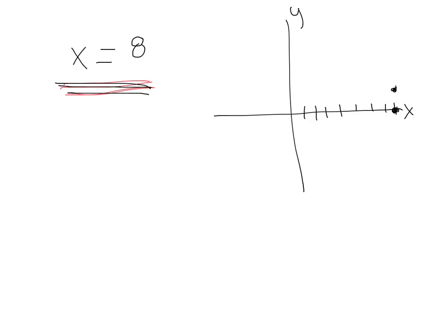Above this point. Where is x also 8? Here, here, here. All of these points that I'm graphing right now on this vertical line have the form where their x value is 8, but their y value is the thing that changes. So where is x 8? Well, x can only be 8 on this vertical line that goes through 8 on the x-axis.